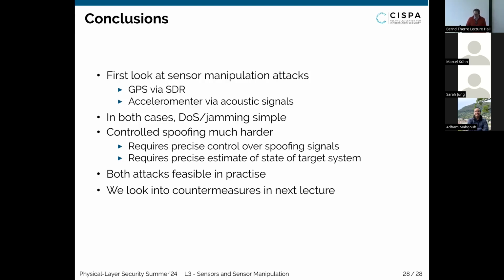We just have to make sure that the signals we're sending out are relatively precisely aligned and have the right power to be able to take over the GPS lock of our victims and to not make them aware that there's suddenly a big jump in their location, for example. This was somewhat predicted by us a longer time ago in research, and then also more recently shown in practice that it's possible to do.